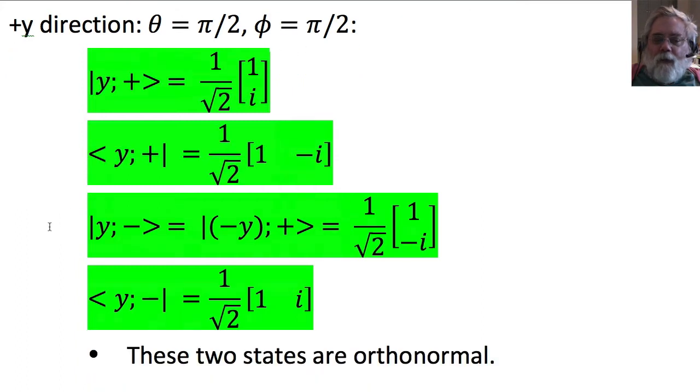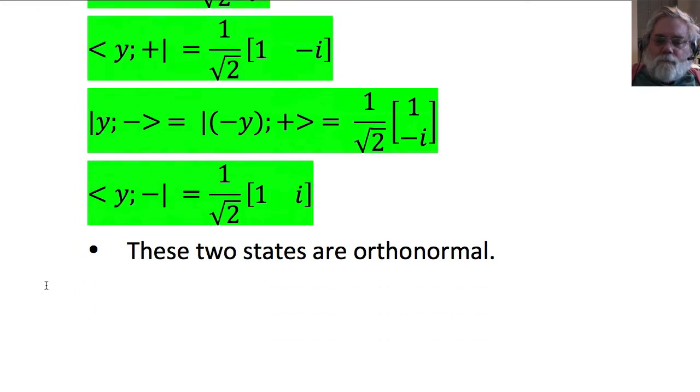And ket y minus is 1 over square root of 2 column vector 1, minus i. And bra y minus is 1 over square root of 2 row vector 1, i. These are orthonormal to one another as well.